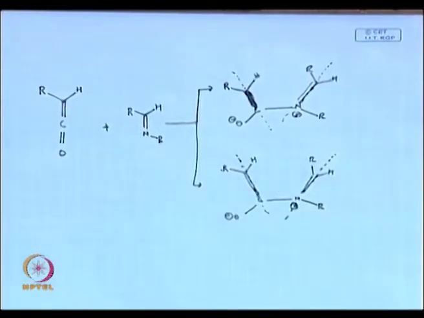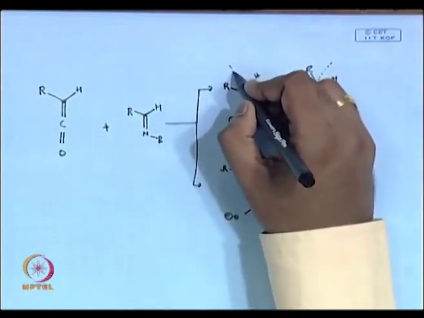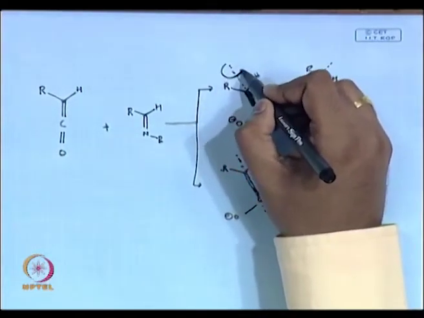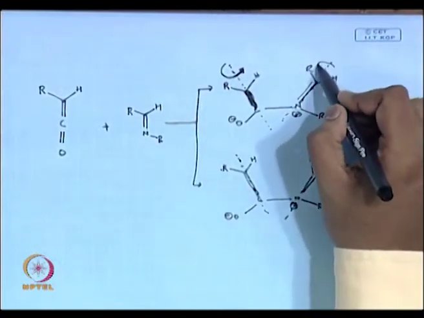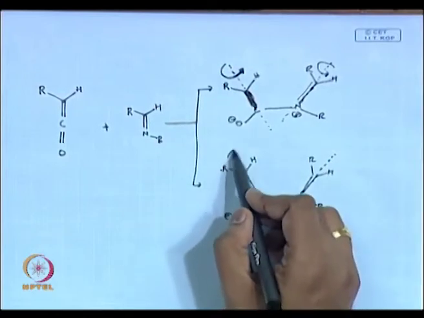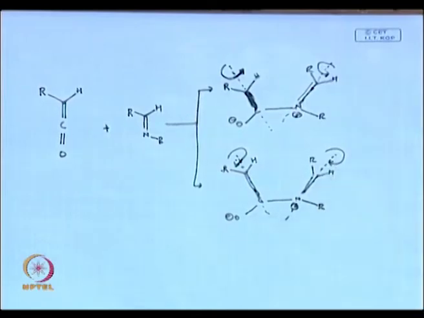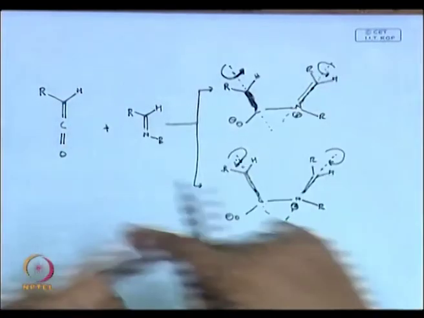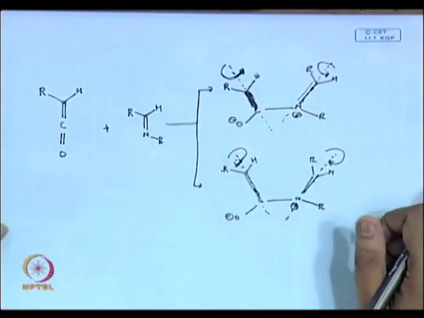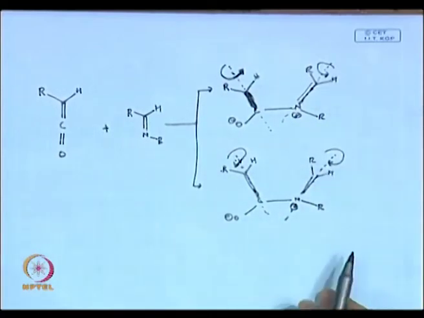Now I can do a conrotatory closure. One way is both clockwise, otherwise I can do both counterclockwise. Both are conrotatory, and that is why you end up with two different products, okay, clear.